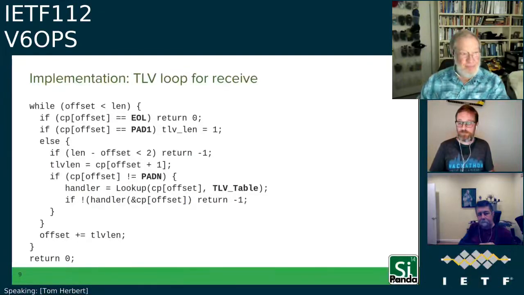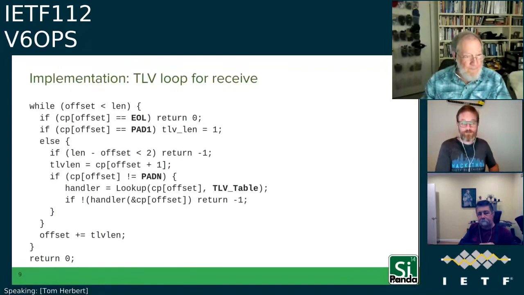If there are 5 TLVs and they're variable length, we have to process the first one, the second one, and the third one if we want to get to the 4th one. So this is why it's a pretty difficult thing. It's really hard to get out of the serialized nature of that and the variable length nature without specifying that either TLVs have a fixed order or fixed length.